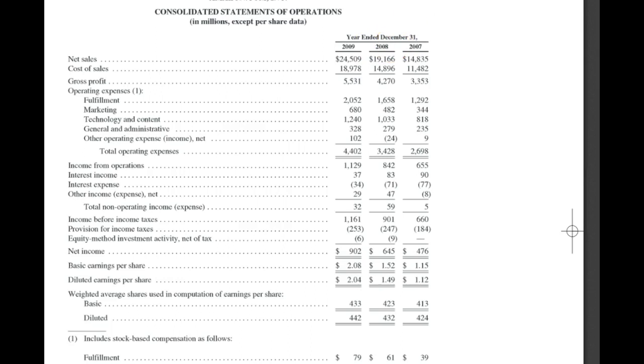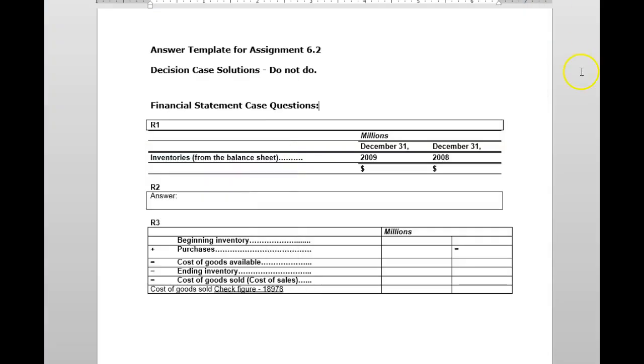So let's go plug those numbers in here. So you put your beginning inventory here. I don't know what this is. That's a question mark, correct? So this is a question mark too. My ending inventory I know. I figured that one out, 2,171.